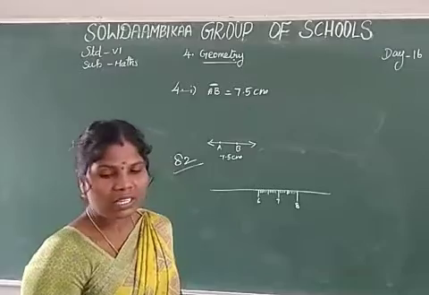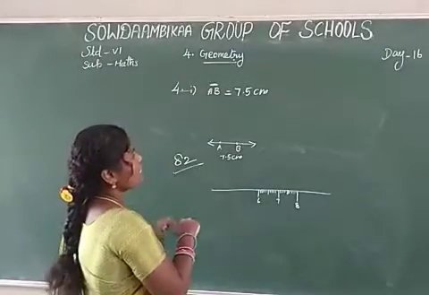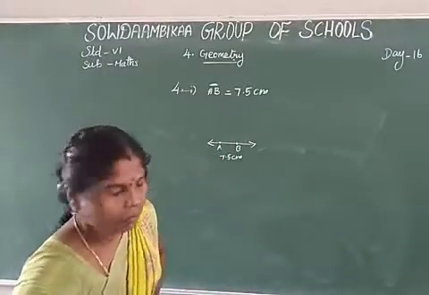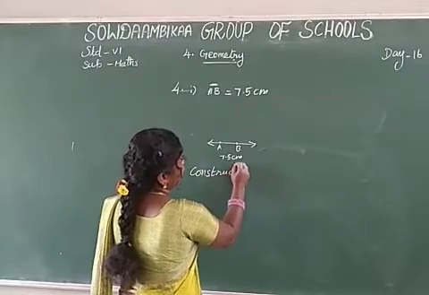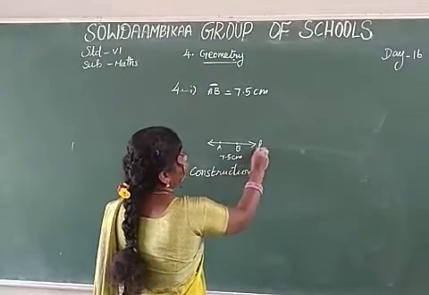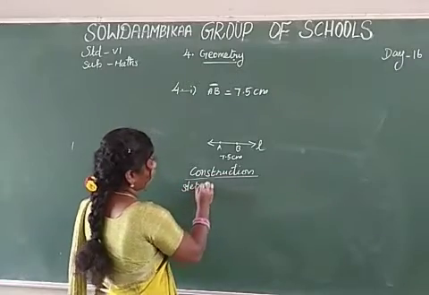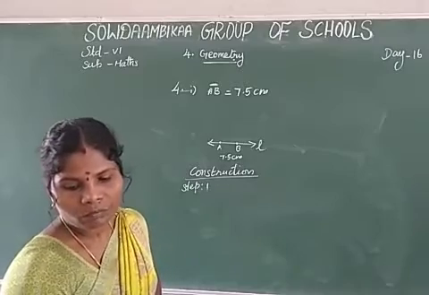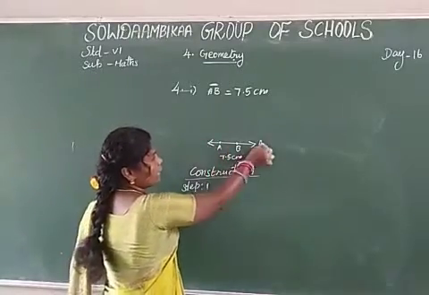Now come to the construction. First you draw this, next write the construction. The first point, this is line L. So the first step: draw a line L and mark the point A.